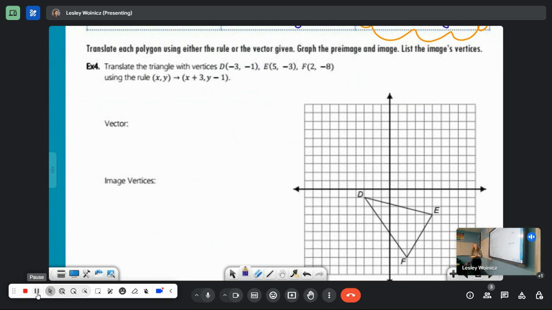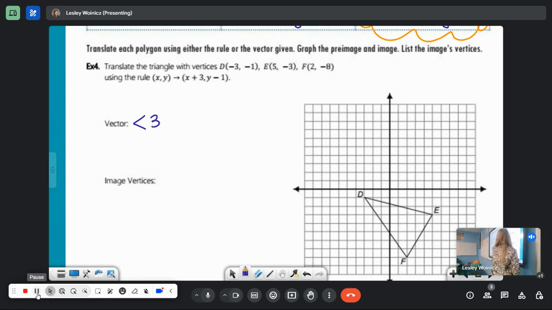Okay, we're supposed to translate our triangle using this rule that says right 3 and down 1. So what would that be? How would I make this coordinate rule into a vector? What would the A be? Yeah, 3.